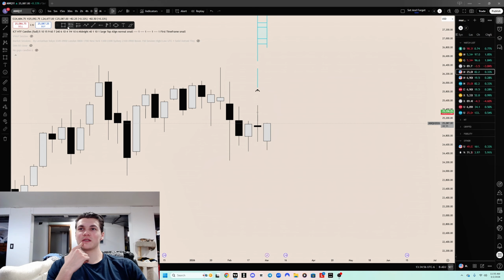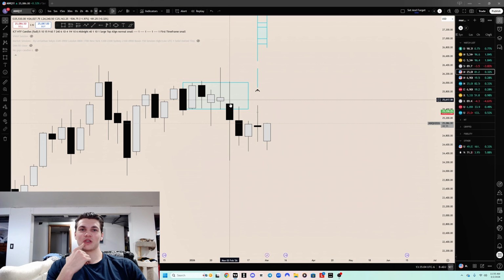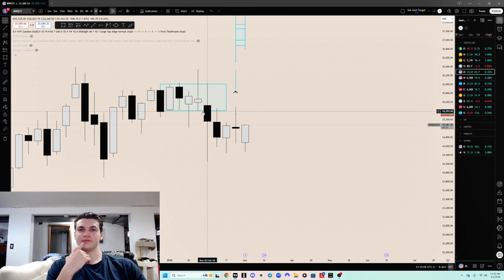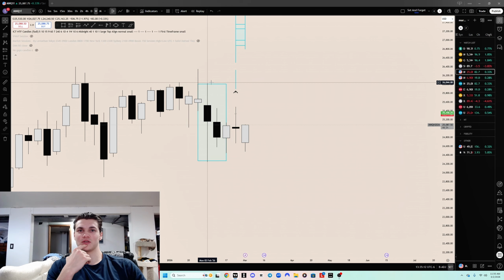So yeah, we were inside of this range right here for quite a while, and then we just broke out down. So now this one big long candle is your new bearish range.